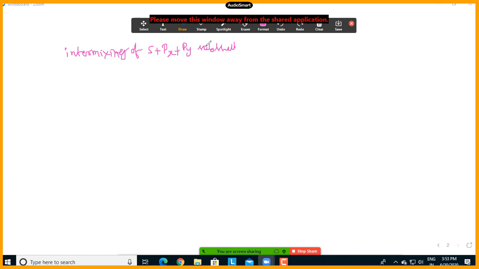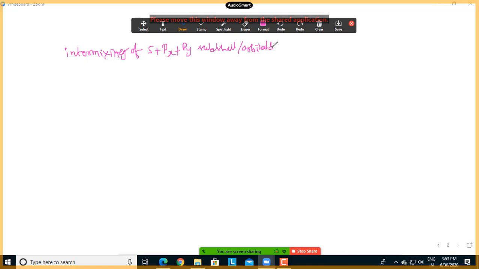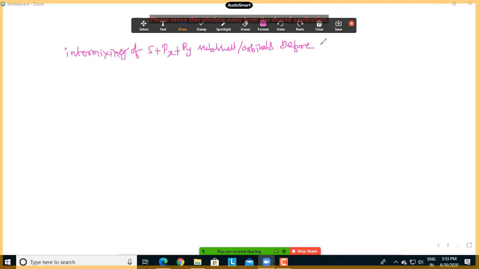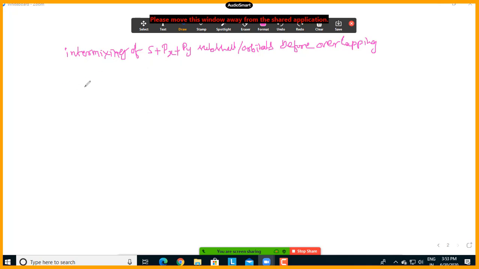Intermixing of these subshell or orbital, whatever you say, these are orbitals actually. So there is an intermixing of orbitals that takes place before overlapping. After that, that will overlap.